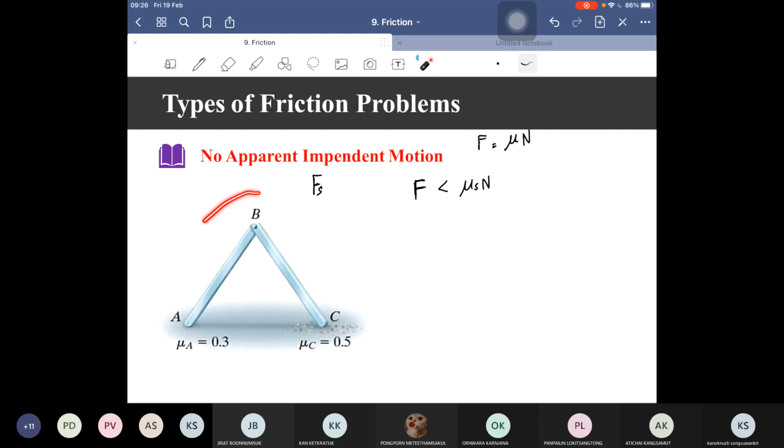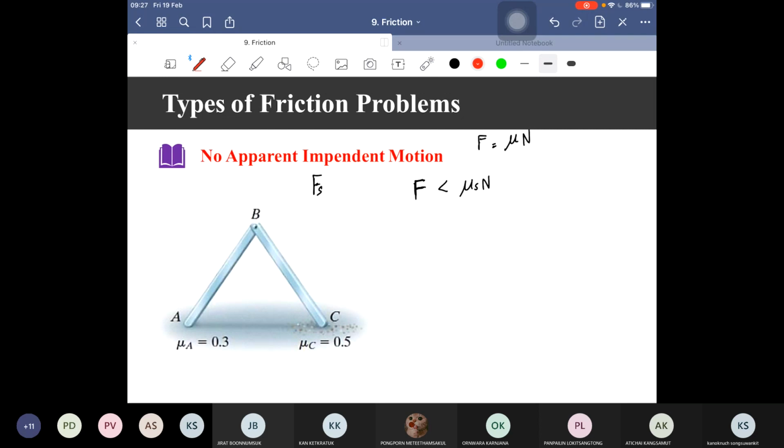For example, let's see this system. Here we have 2 bars, AB and BC, connected at point B. Every time you want to solve a problem, you need to draw its free body diagram.